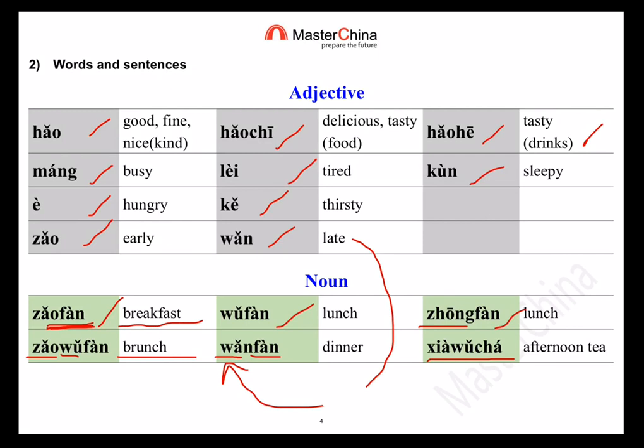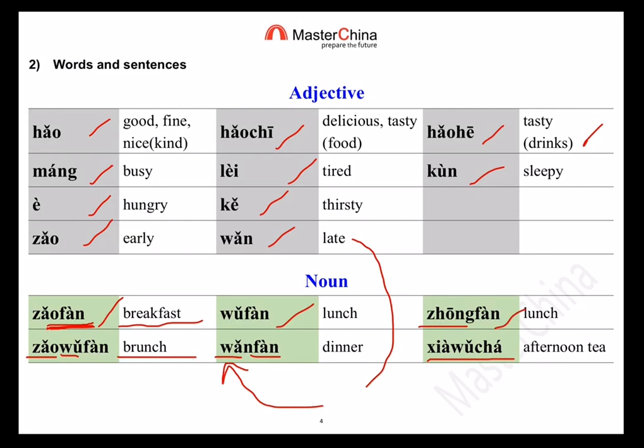Okay, so another example for the new expressions is, we can use this word to say goodbye. So we already know we say 再见 or 明天见, right? So see you tomorrow. 下午见, see you in the afternoon. We also can say see you at lunch.